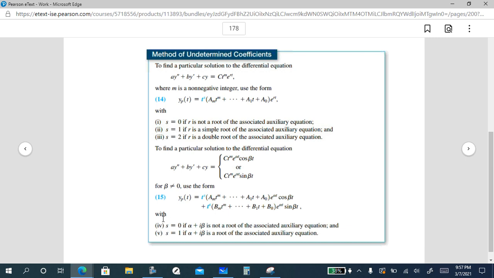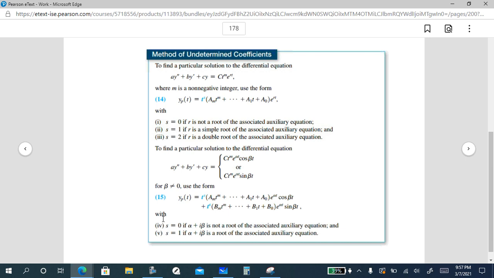Instead of using a, b, and c, they're just using different subscripts of a. But to keep from confusing those, I would advise a, b, c, d until we get down to a constant. If there's not an e to the rt, then there's no e to the rt here, but we could have an e to the rt there. So this is going to be the form of our solution.